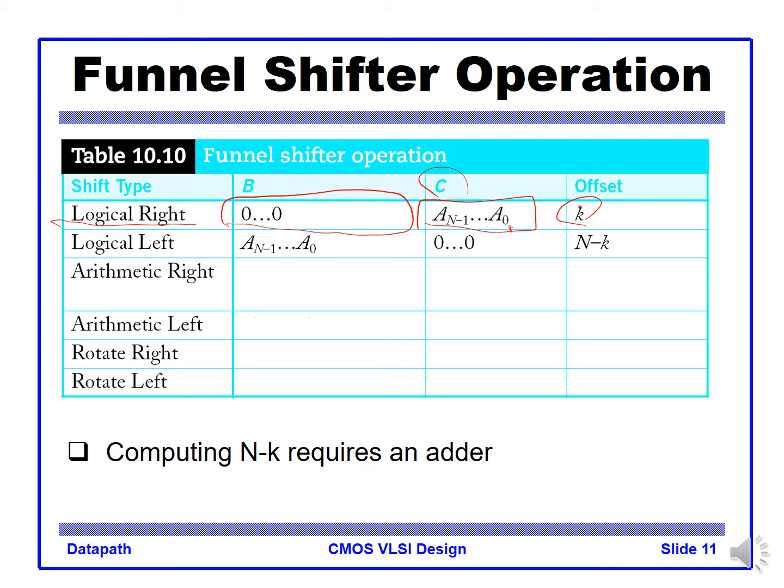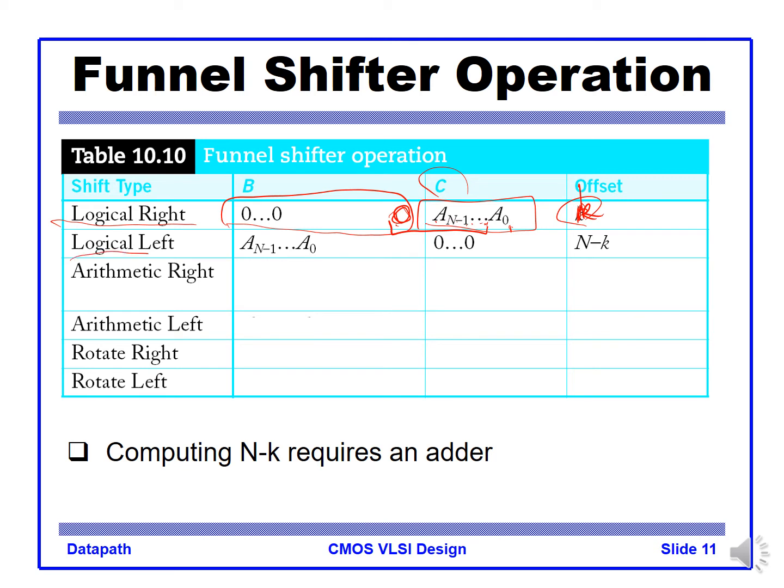Let's say, for example, an offset of 1, then we select A1 to 0, right? Here 0, AN minus 1, up to A1. Then we complete the logical right by 1, right? So we can have this kind of simple formation to implement the logical right by K.